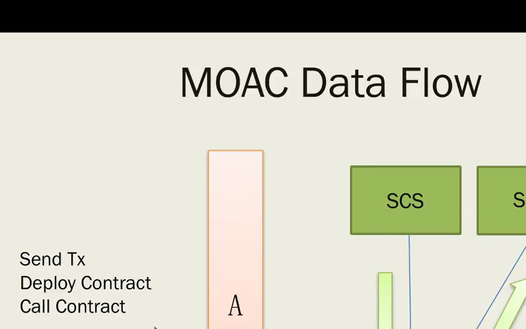This way, we can avoid DoS attacks between SCS nodes. This is the major difference between the sidechain and our microchain. For a sidechain, basically the nodes inside the sidechain can talk with each other. So if you can get into one of the sidechain nodes, you can attack the sidechain easily.